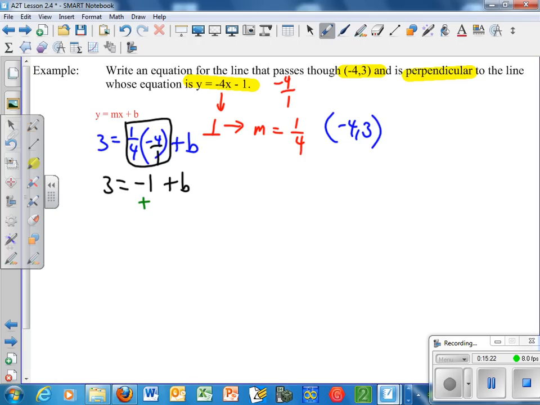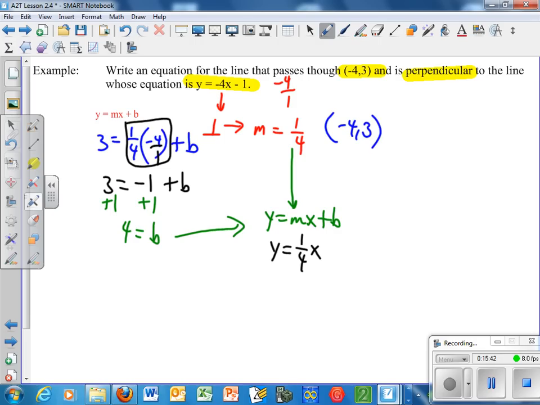We're going to add 1, so b is equal to 4. So, putting this all together in y equals mx plus b to write your final equation, my slope has to go in there, my y-intercept of 4 has to go in, so it would be y equals 1/4 x plus 4.